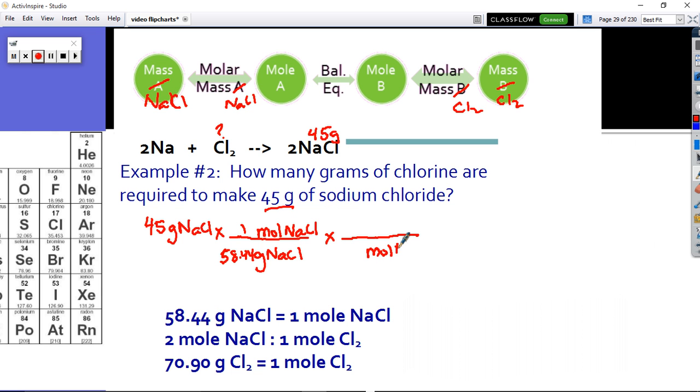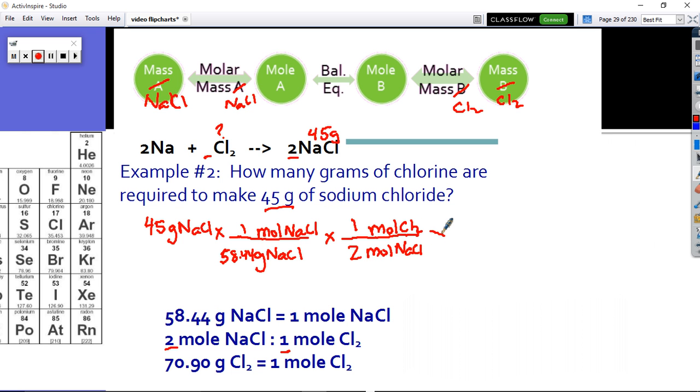And I am now doing moles to moles. Moles is something new. So I'm going to go to moles of the chlorine, using my balanced equation, which means that sodium chloride is a 2 and moles of chlorine is 1. And this, of course, matches up what we have down here. But I don't want moles of chlorine for an answer either.